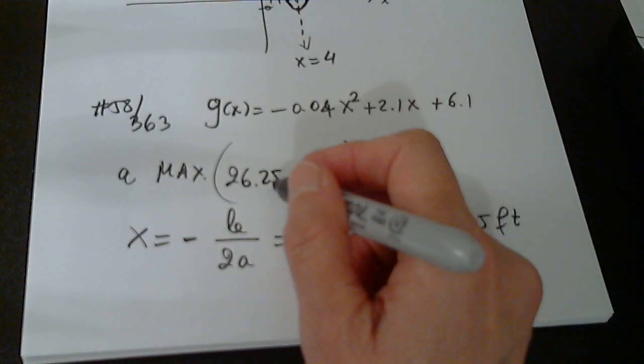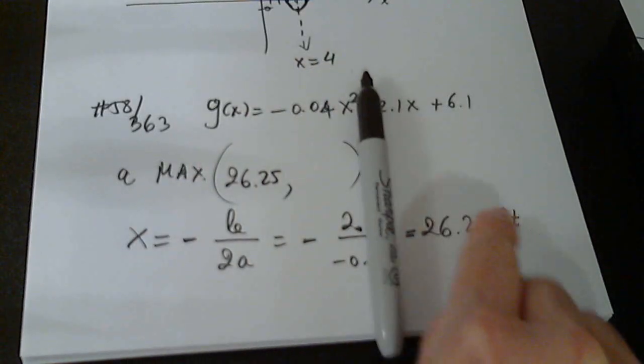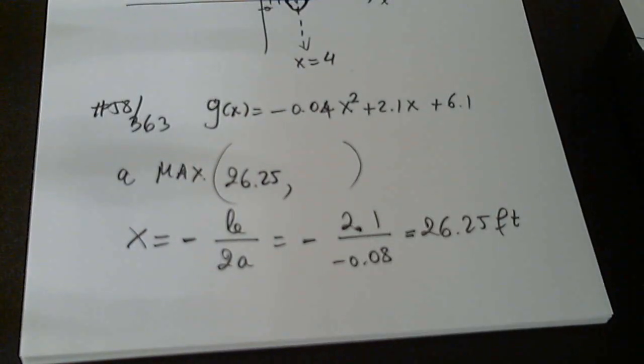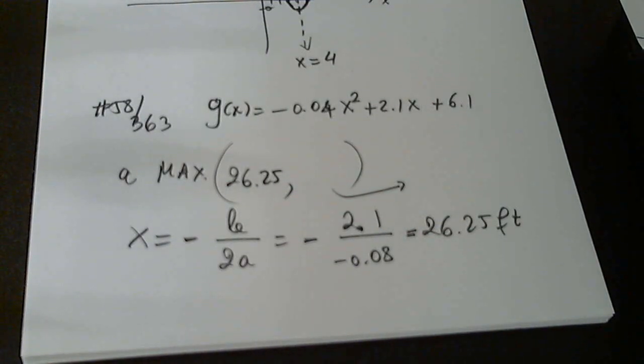Because this is the location. This is where it happens. But that's not the maximum value. This is the maximum value. How do I determine the maximum value? What do we have to do to determine the maximum value, please?